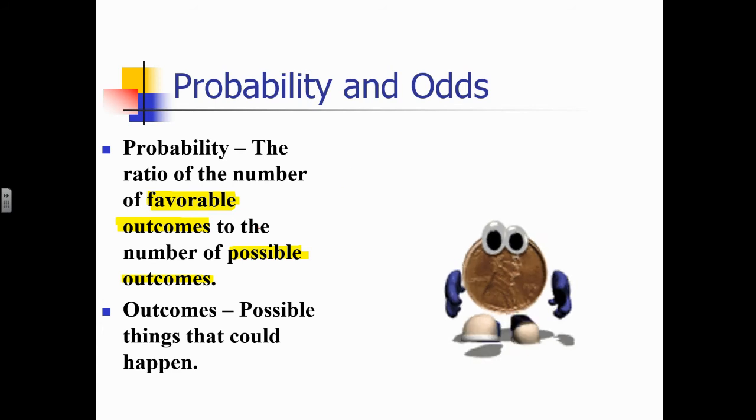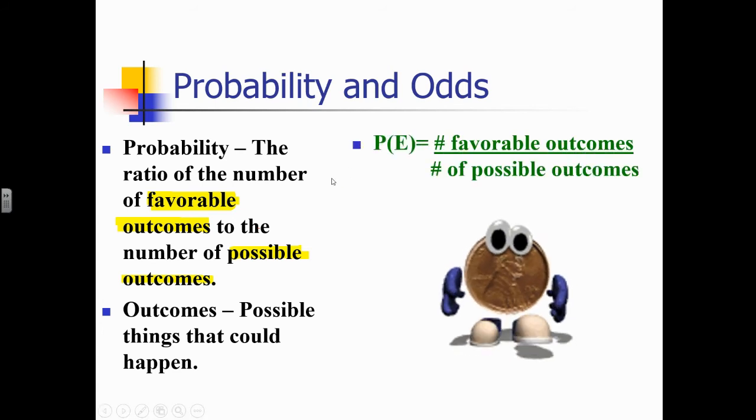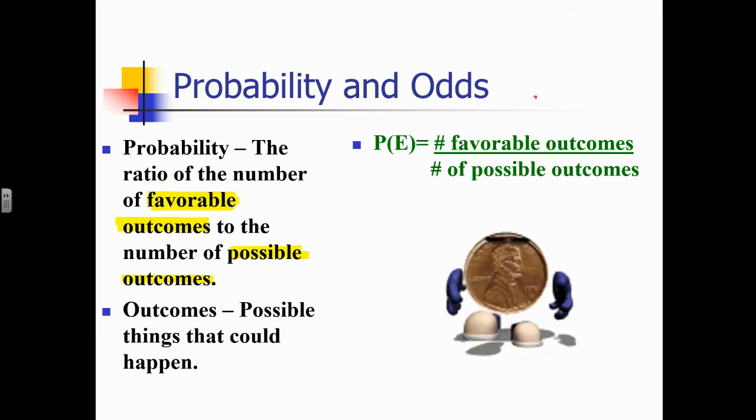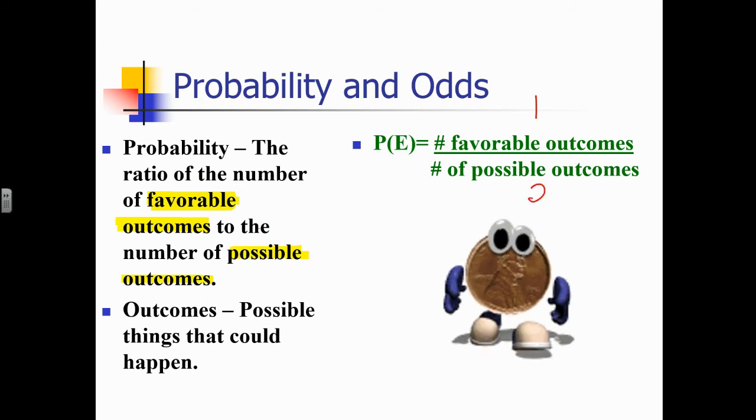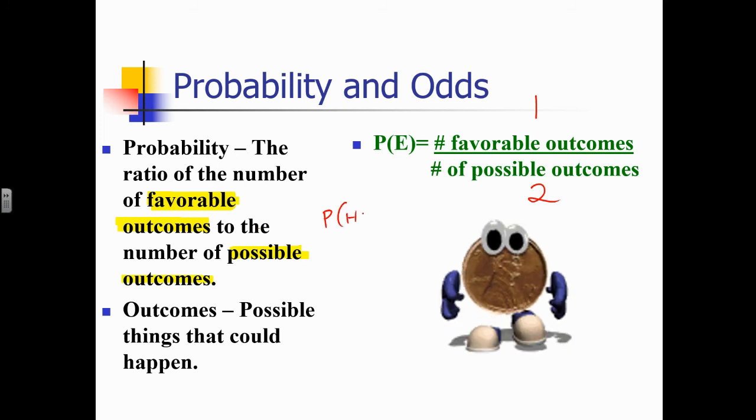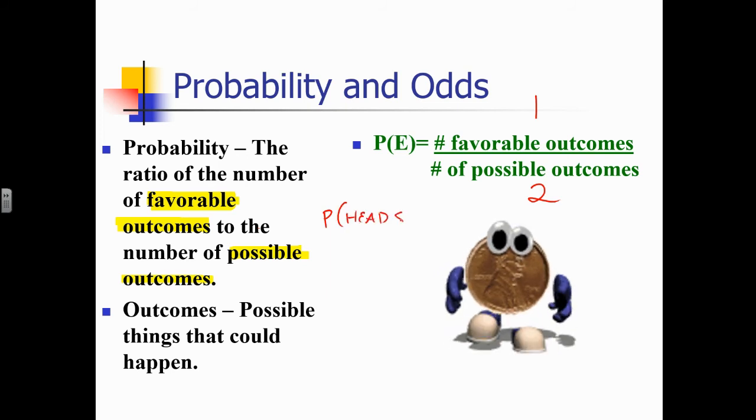The probability of that event is the favorable outcome, the number of heads on the coin, and that is 1, to the number of possible outcomes. And how many things are possible when you flip a coin? Well, 2. So the probability of this event, or P of E algebraically, the probability of heads, is 1/2.